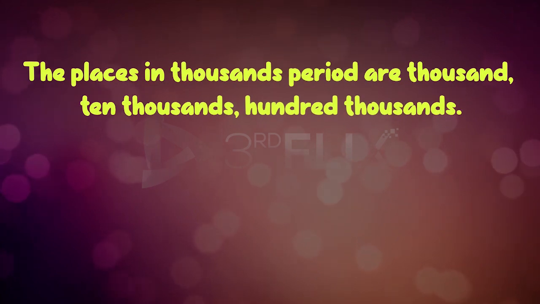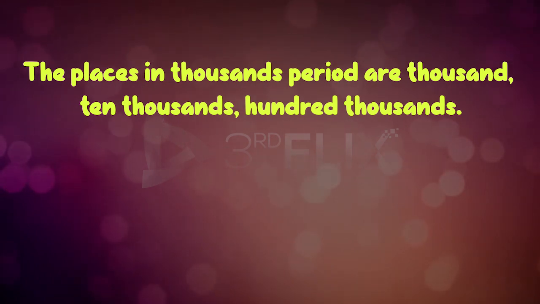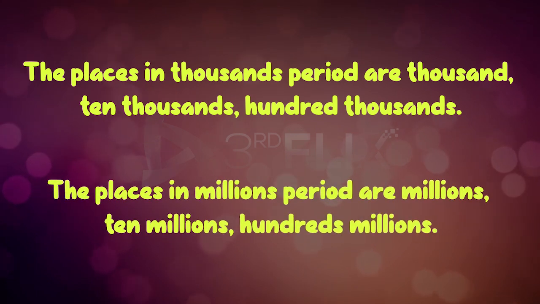The places in thousands period are thousands, 10,000s, 100,000s. The places in millions period are millions, 10 millions, hundreds millions.